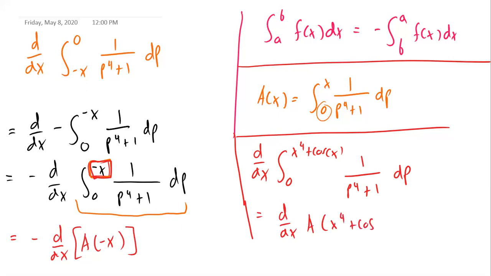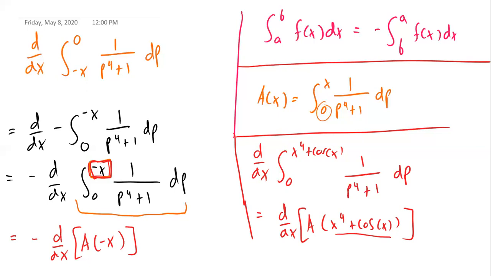In this case, x to the fourth plus cosine x. So it would be the area function. On the inside, you just write whatever expression of x you have. So it doesn't matter how complicated that expression of x is, you always just write the area function, and on the inside of the area function, you write whatever expression you have for x.